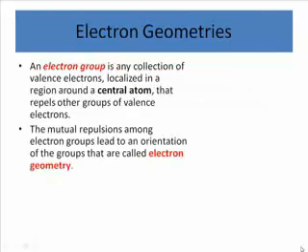Electron geometries. This is referring to the arrangement of the electron pairs on the central atom. And it doesn't matter if it's a bonding pair or a lone pair, double bond, triple bond. We're not concerned. We're treating all of those the same.